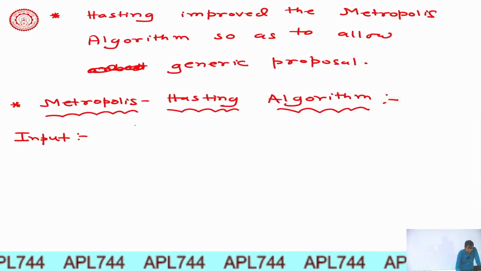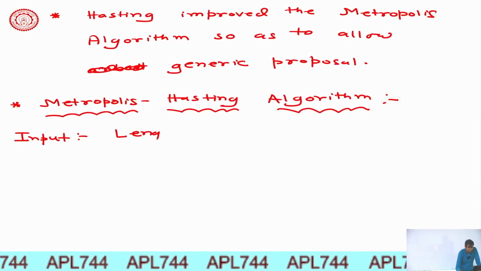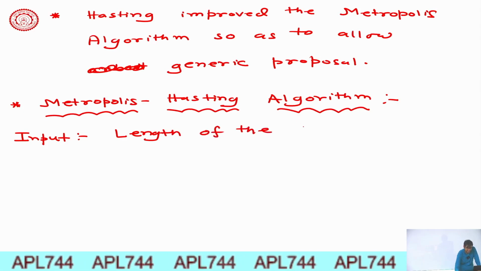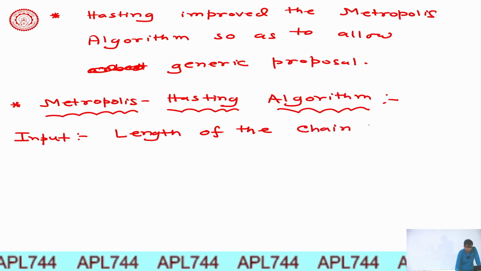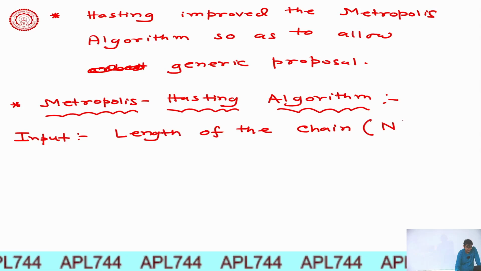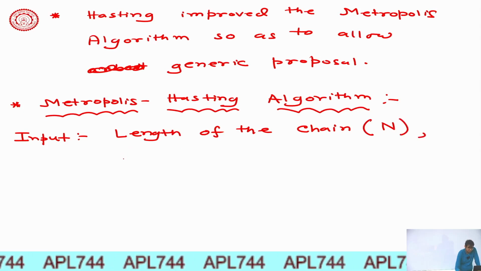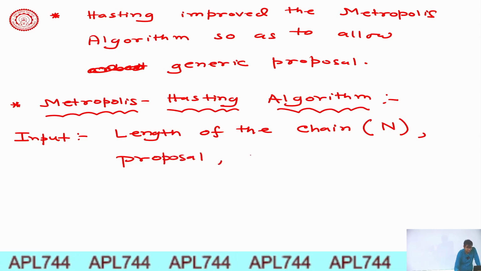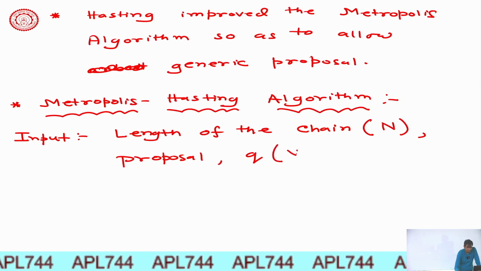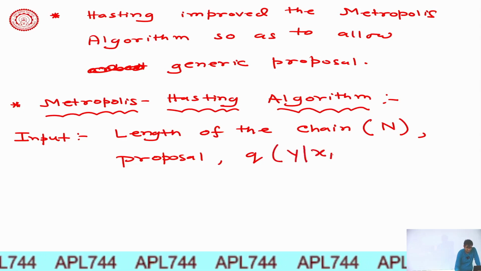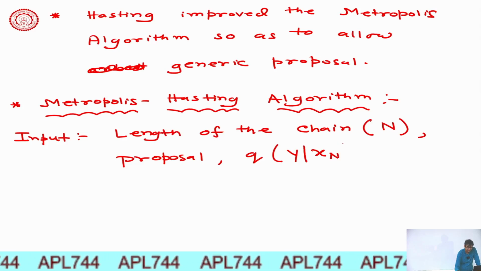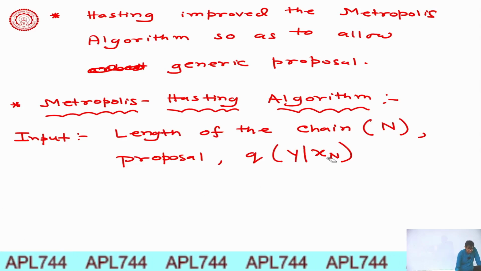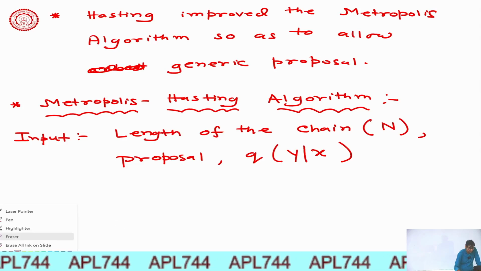So your input is the length of the chain, which is N, and proposal, and proposal we denoted it as Q of y given Xn, or maybe Xt. Last time I think I used Xt. N I am already using, so that's confusing. Let's write Xt.